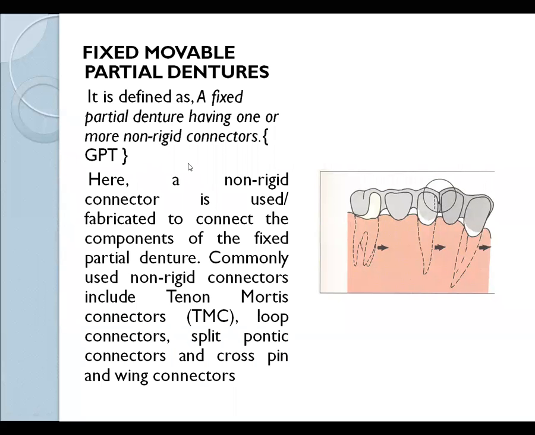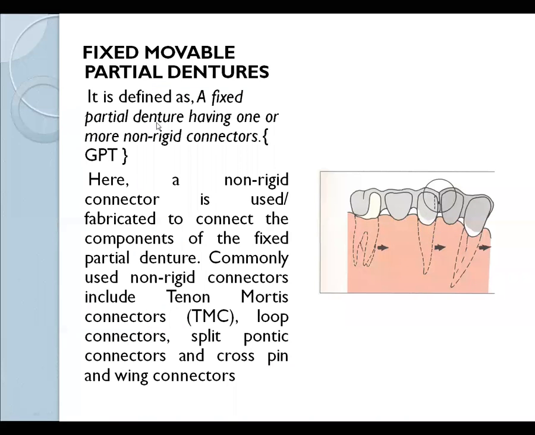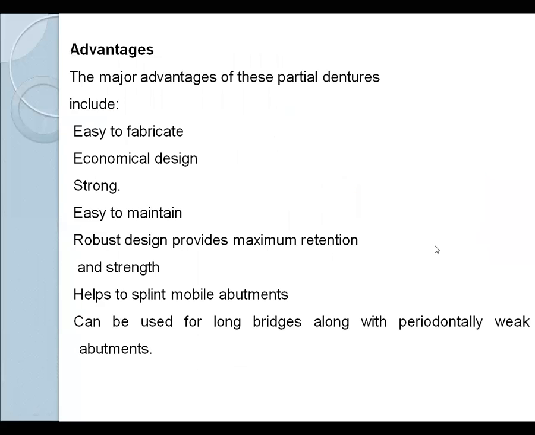Then coming to fixed movable partial dentures. It is defined as a fixed partial denture having one or more non-rigid connectors. As in the previous slide, we have seen there are rigid connectors on both sides.